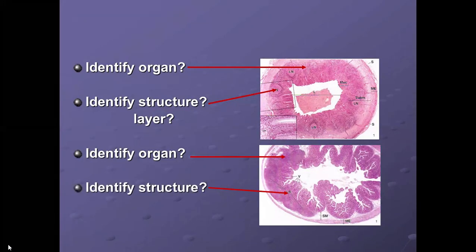Identify structure. What layer is the identified structure? So you should know your layer. Saan ba yan? Is it in the submucosa? Is it in the tunica muscularis? Whatever. Next.